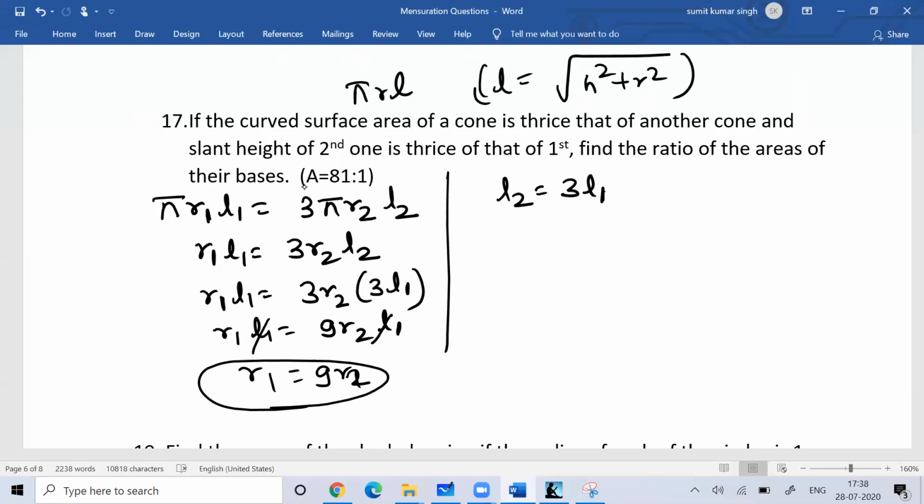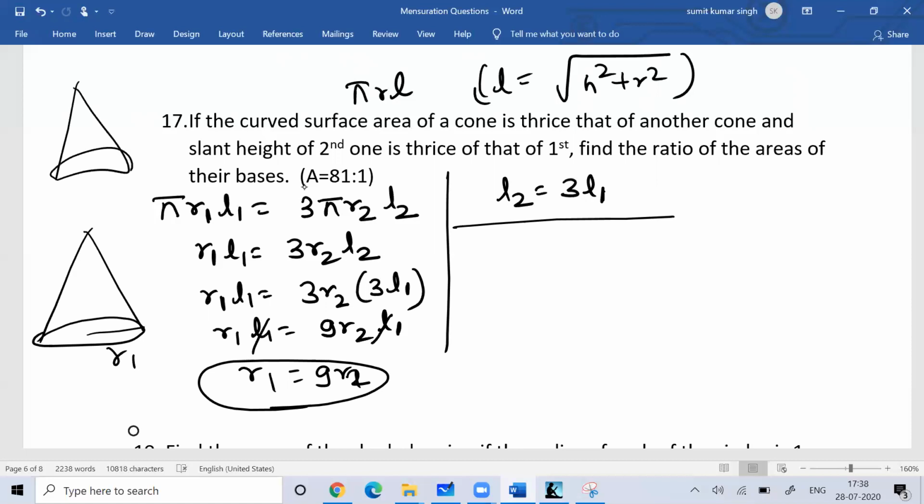Then what they're asking you is to find the ratio of the area of the bases. You know this is a cone, so two cones are there, having radius r1 and r2. So the area of the base: at the cone, the base is a circle having an area pi r square.